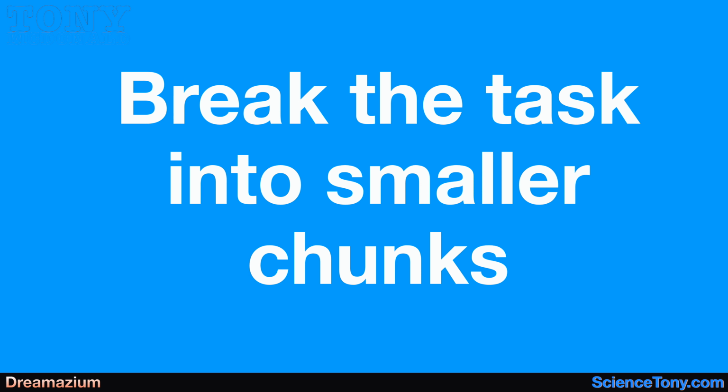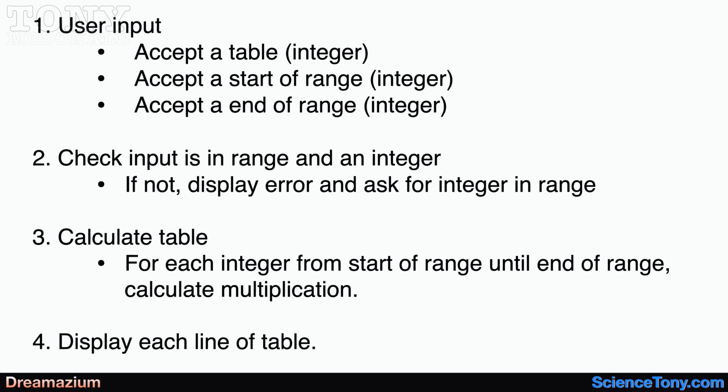Break the task into smaller and smaller chunks. This is like bullet pointing everything that needs to be done. Now it's been broken down into smaller chunks and we can see that we have user input and we need to accept some values into it. So that's starting to look like code already because we're using accept. And then we've got check input is in the range and is of an integer.